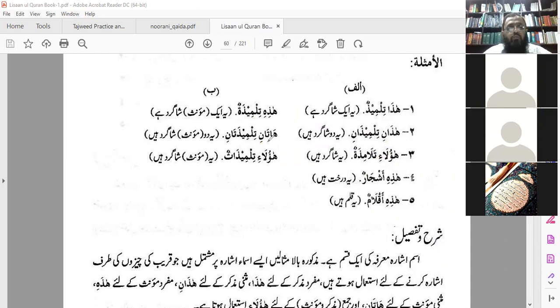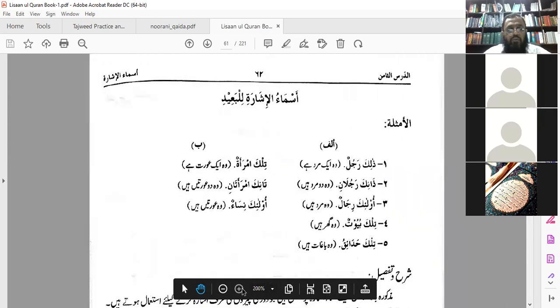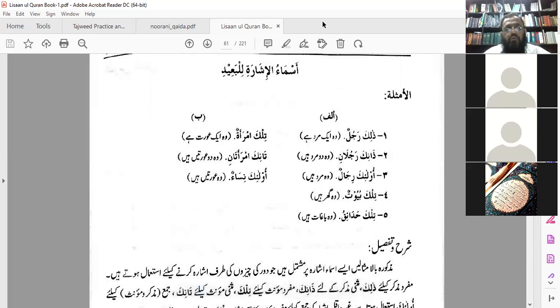Now my question was, when we are talking about asmaul isharati lil ba'id, do you think all of them are mabni, or will there be any morab among them? Do you think there's morab amongst them?